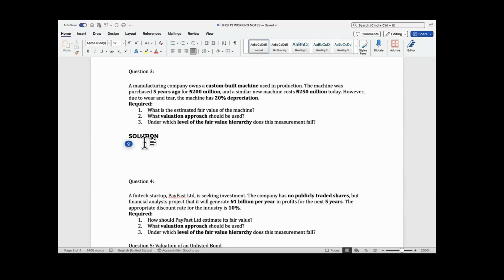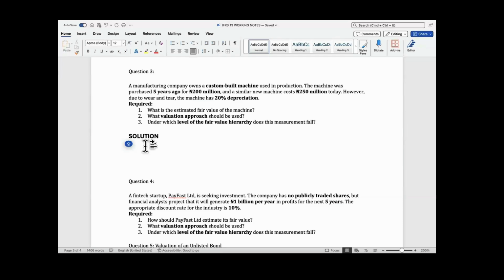However, due to wear and tear, the machine has 20% depreciation. Required: 1. What is the estimated fair value of the machine? 2. What valuation approach should be used? 3. Under which level of the fair value hierarchy does this measurement fall?